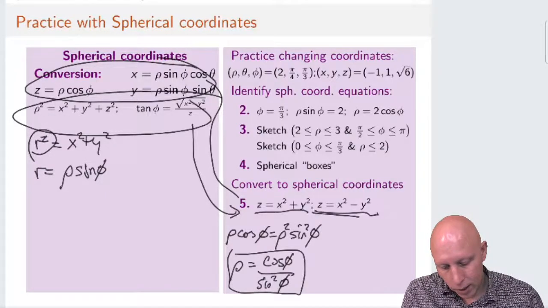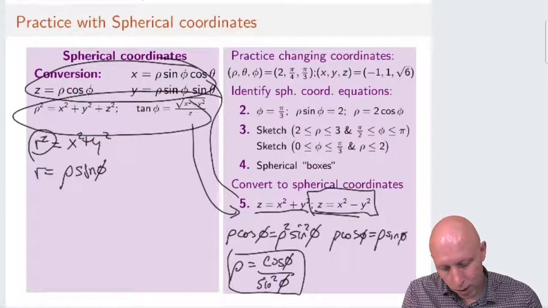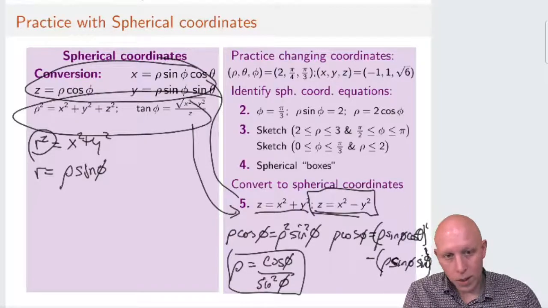On the other hand, here we have something a little bit more complicated. We have rho cosine of phi is equal to rho sine of phi cosine of theta squared minus rho sine of phi sine of theta squared.